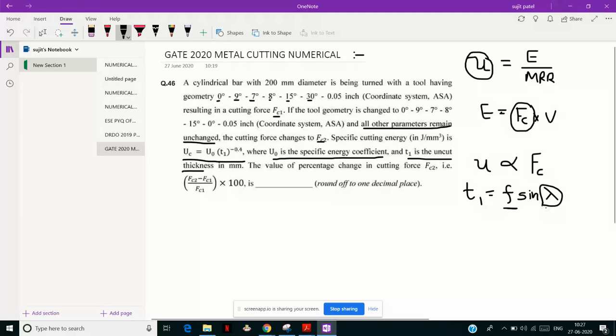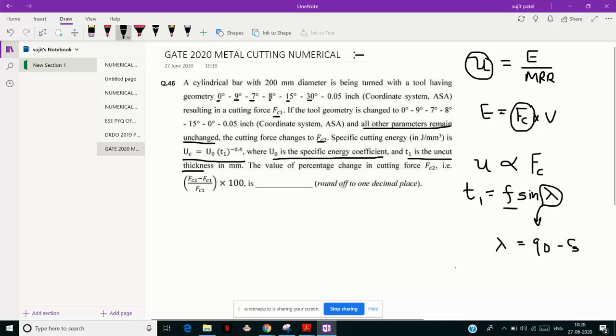So what is lambda? Lambda is the complementary angle of the side cutting edge angle. So lambda is equal to 90 minus side cutting edge angle.